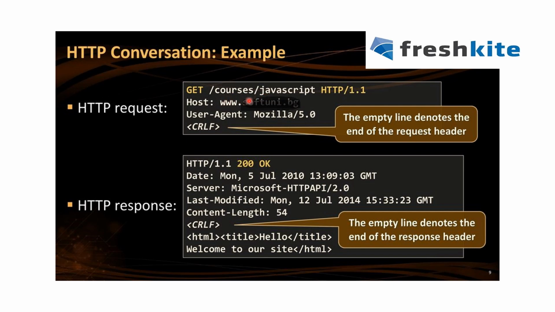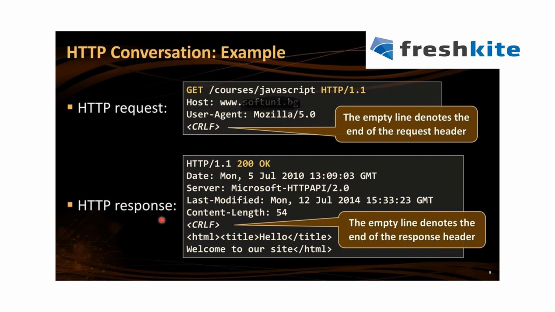We need courses JavaScript and HTTP 1.1, which is nothing but the version of the HTTP. Host is what we are giving in the URL, www.freshguide.com or something else. User agent is the OS the user is using, which is given here.